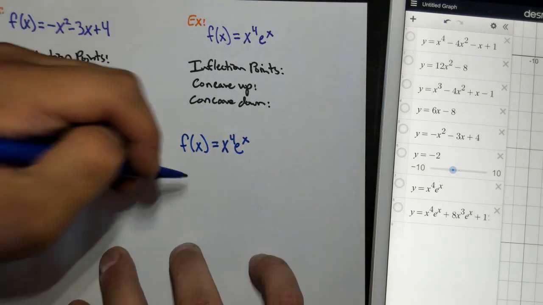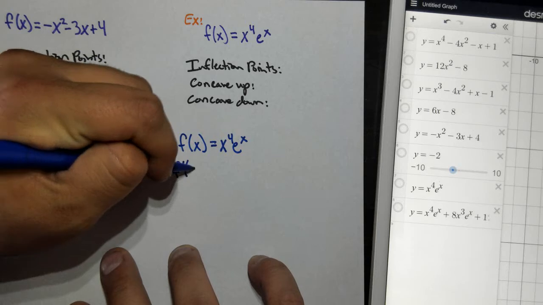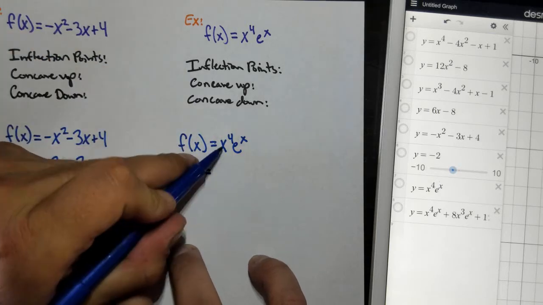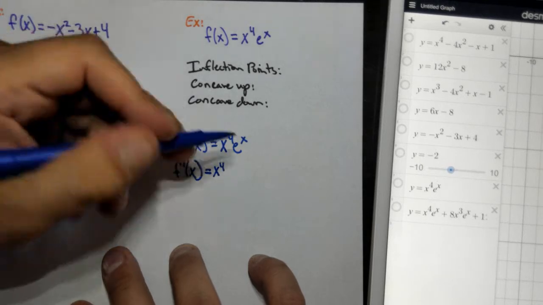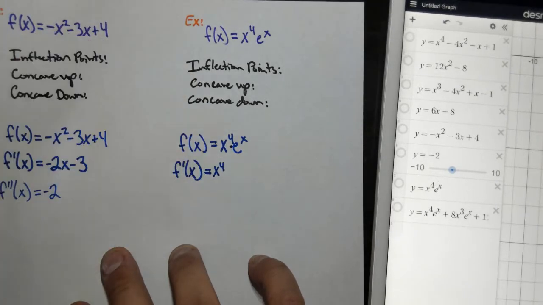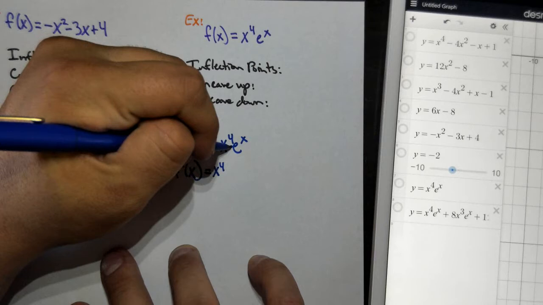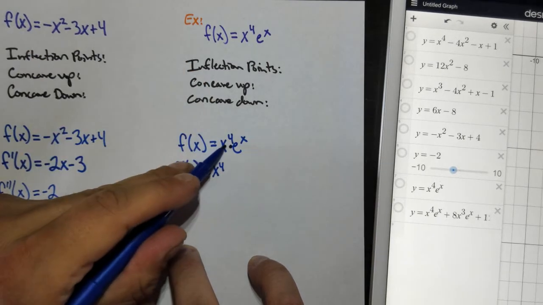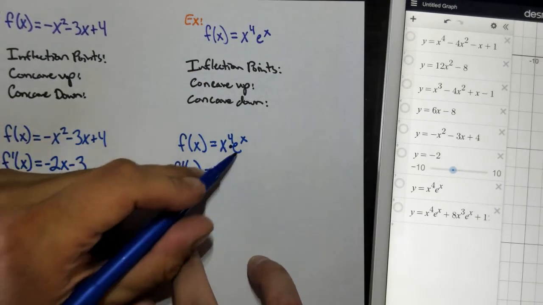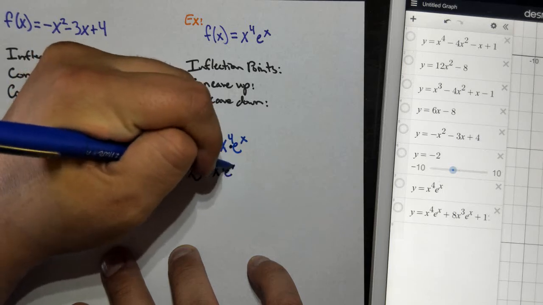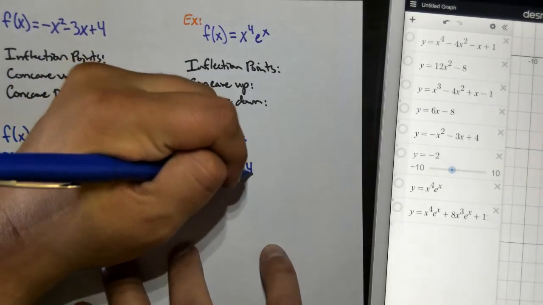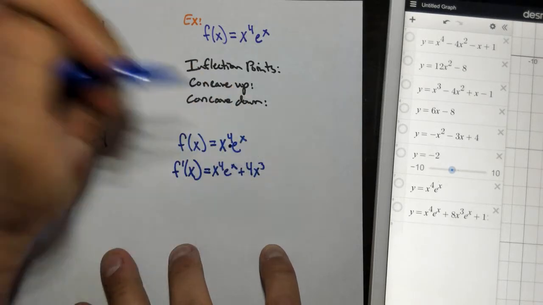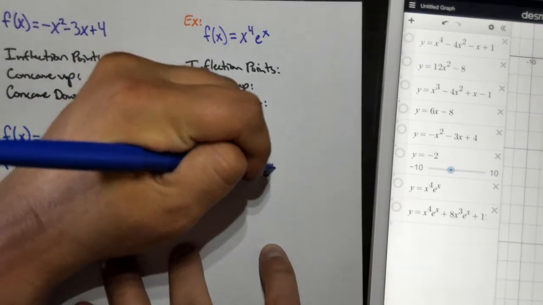So let's see, the product rule, if we recall, is the first one times the derivative of the second one, and let me just put this multiplication point, so we can see it's x to the fourth and e to the x. Our derivative of e to the x is just e to the x, plus the derivative of the first one, 4x cubed, times just the second one.